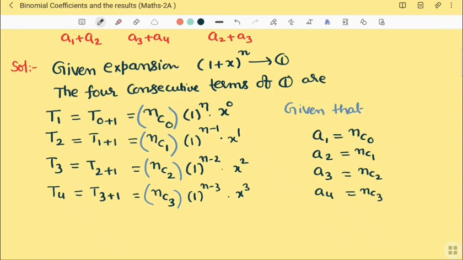The coefficients of these 4 consecutive terms are given as A1, A2, A3, A4.